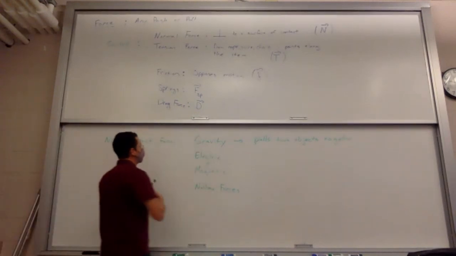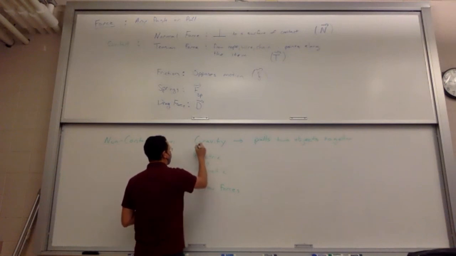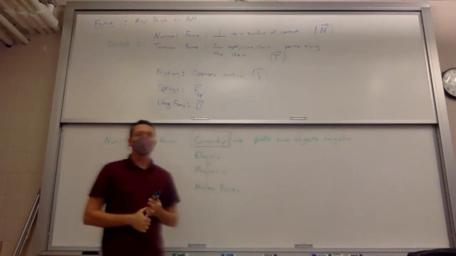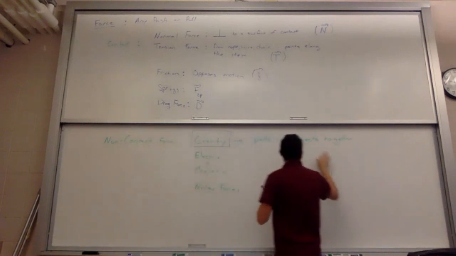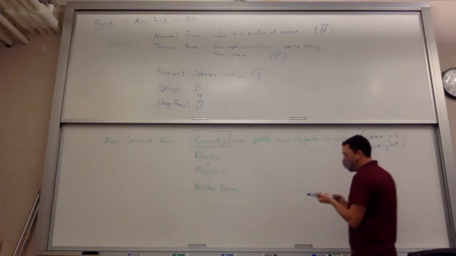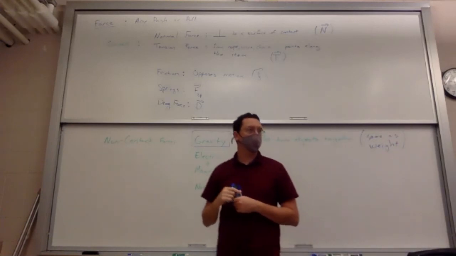In this class, we will not worry about these. This is the one that we will care about. Gravity. Another name for gravity, same as weight. Weight is just another name for the force of gravity.